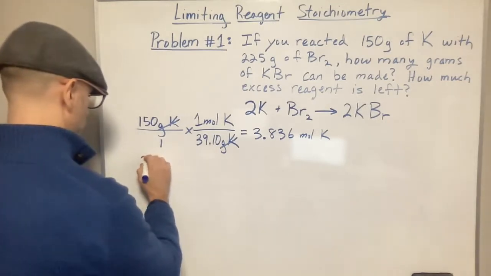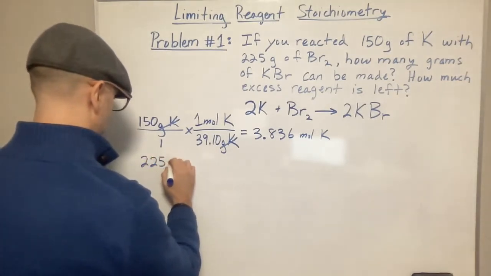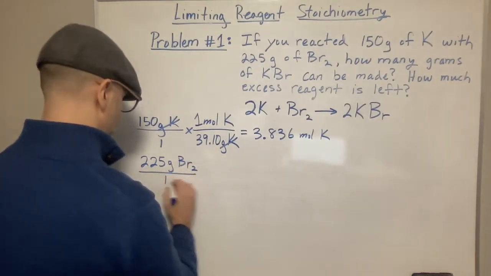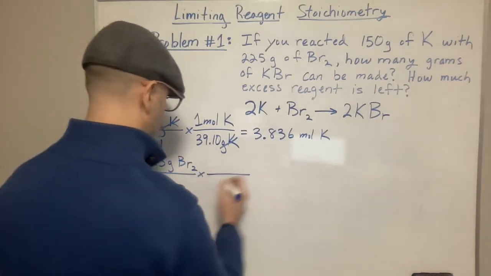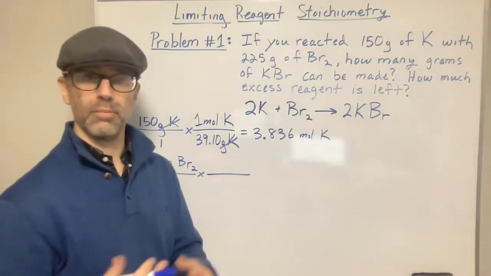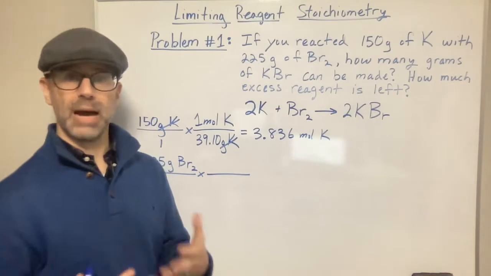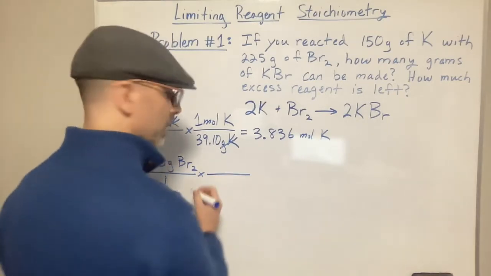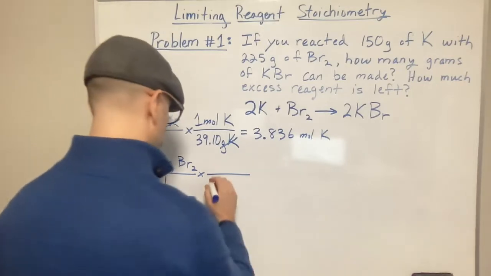And then I do the same thing for bromine. So I have 225 grams of Br2 over 1, and I'm going to use the molar mass of bromine. If you look up the atomic mass of bromine and multiply that by 2, you get 159.8.